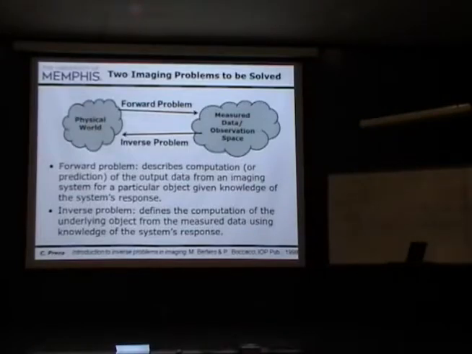Okay, that's what we mean here. Whereas the inverse problem defines the mathematical equations and the computations that are required so that I can predict or estimate the underlying object or scene, the thing that I'm interested in, from the measured data.